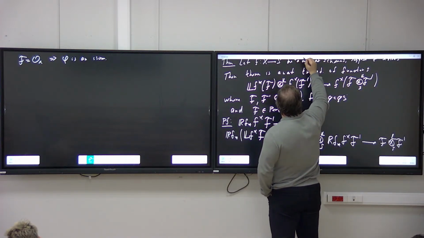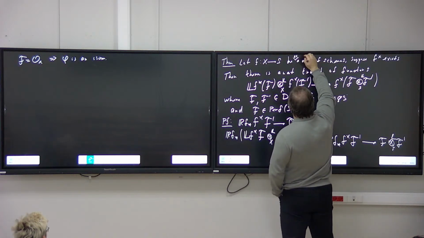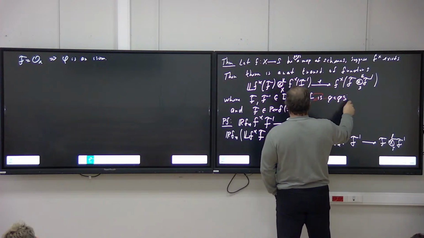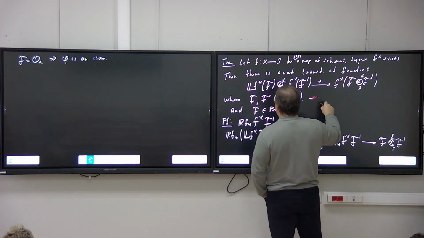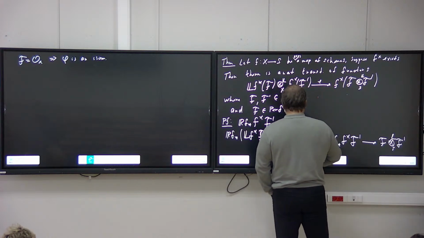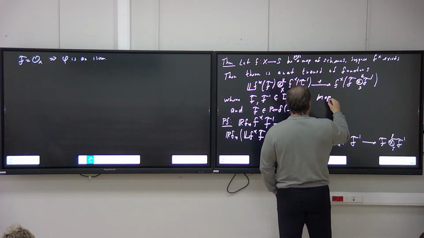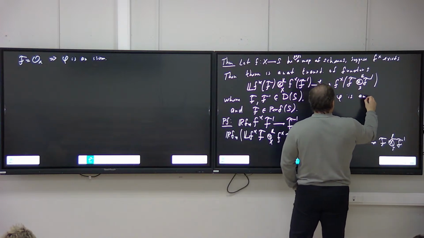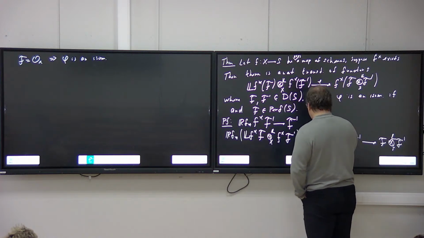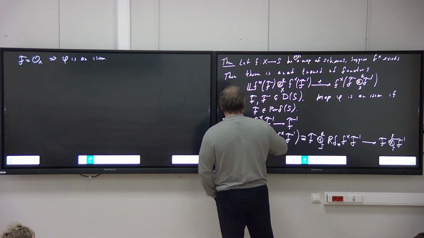Quasi-compact, quasi-separated. And then we don't need this. So the statement is that the map phi is an isomorphism if f is perfect.